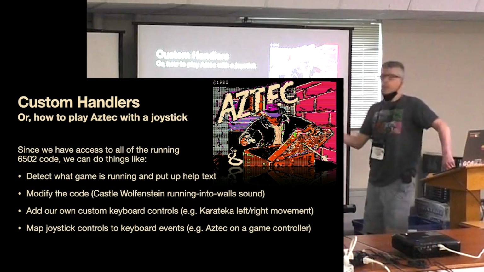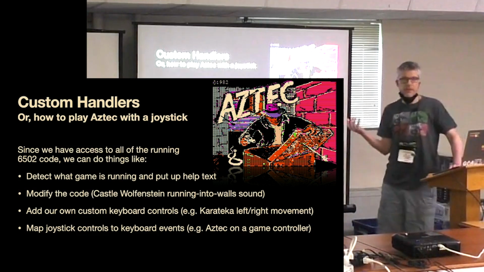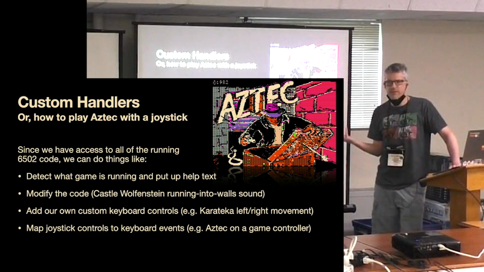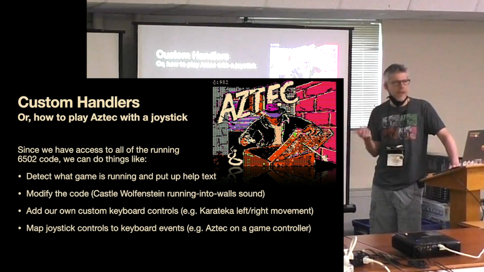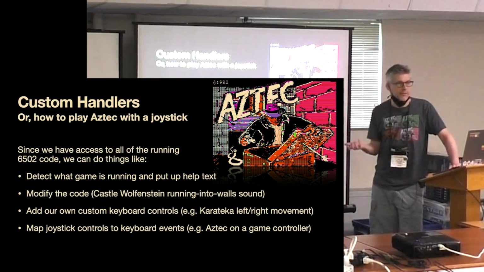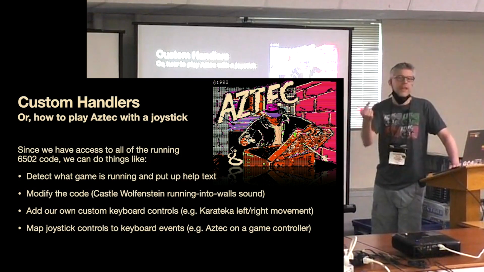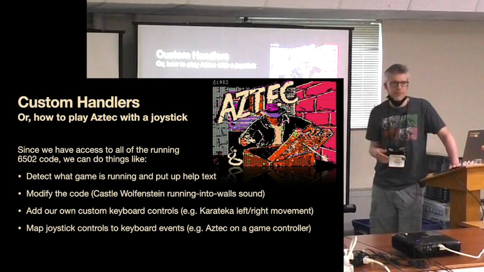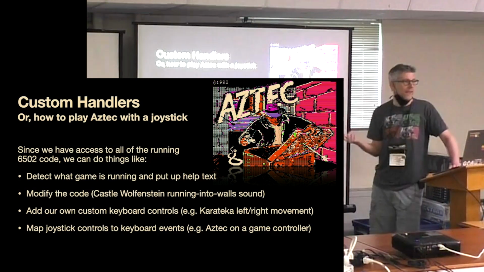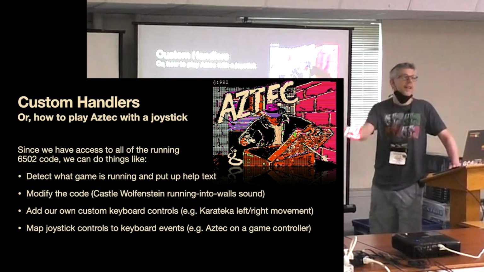One of the really fun things about doing a project like this is you get to just do whatever you want. I suddenly realized one day, well, since I have the entire Apple IIe going, I know everything that's happening. I know when it's doing whatever. And so you can put in what I've called custom handlers. Basically, if you load up certain games in my emulator, and I have about a dozen or so that it knows, it can say, okay, I've started Aztec or something like that.